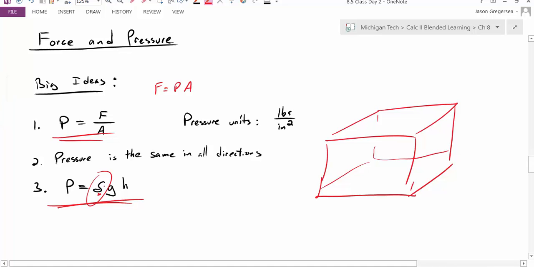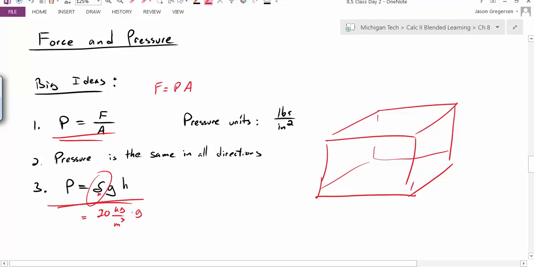It's that gravitational constant. Okay? So we think about this. We're going to have a density like 20 kilograms per cubic meter. That would be an example of a density.